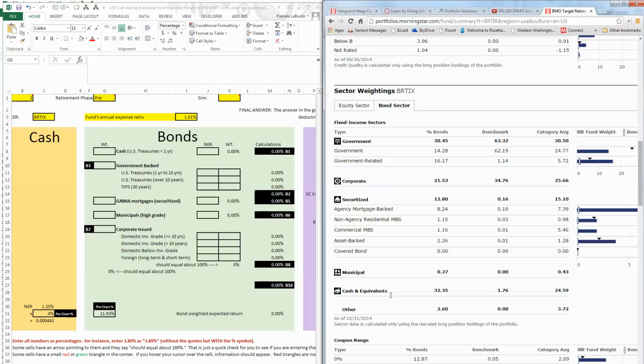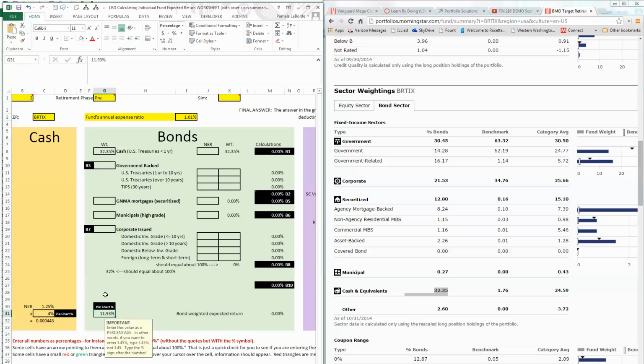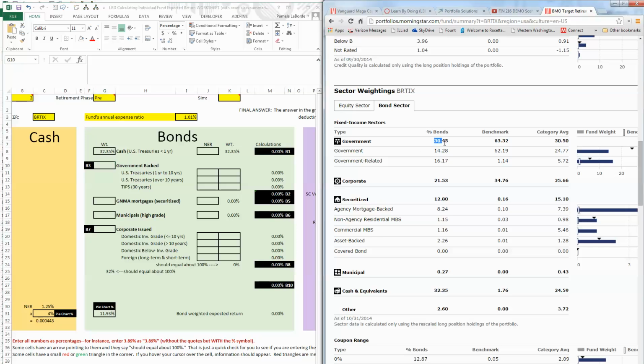So for the cash and equivalents, they are 32.35%. It's a pretty hefty weight to have, but it's not of the whole portfolio. It's just of the bond portion, and the bond portion is a relatively small portion. For government-backed, it's this 30.45%. For Ginnie Mae mortgages, it's this securitized percent, 12.8.